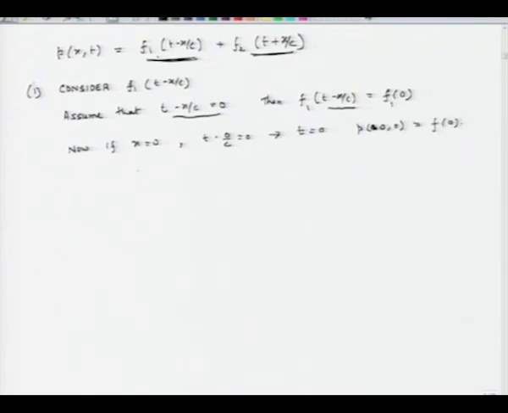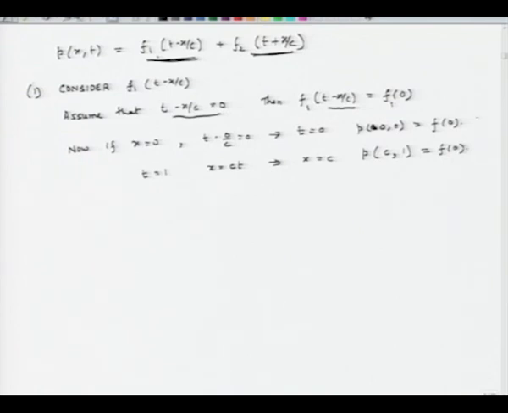Now, let us assume that t equals 1, then x equals c times t, so x equals c, and thus we get P at x equal to c and time equal to 1, and that is equal to f of 0.